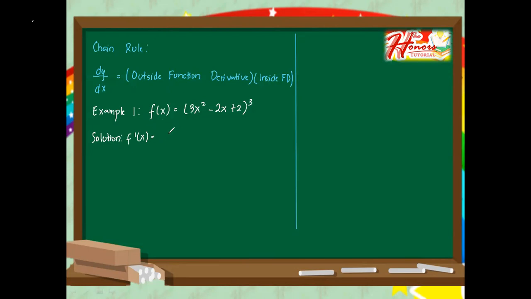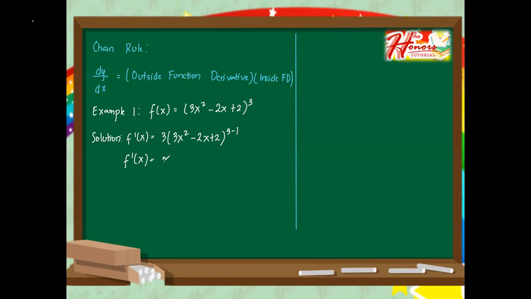Okay, so let's start. We will be putting 3, our exponent here, and then multiply it by the quantity of 3x raised to 2 minus 2x plus 2 raised to 3 minus 1. Let's solve for the exponent first. We will be writing f prime of x still.